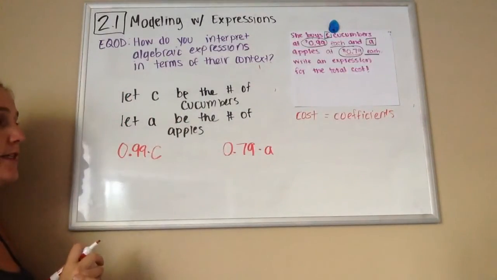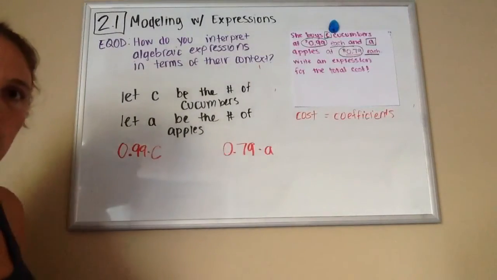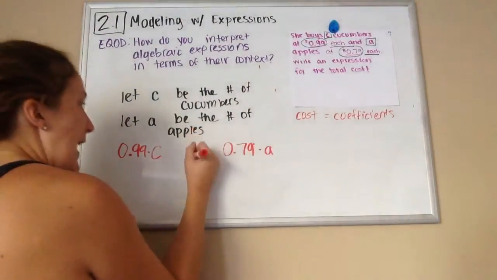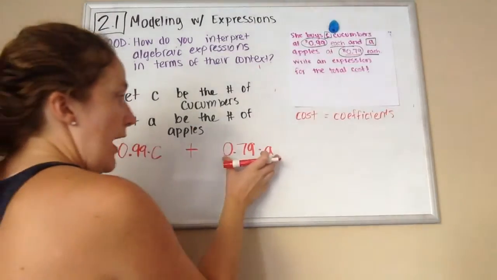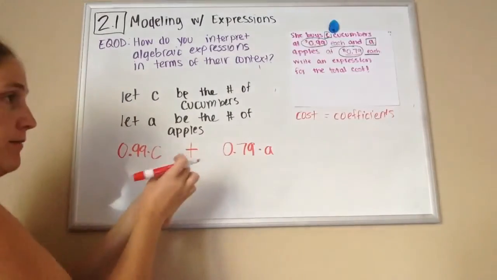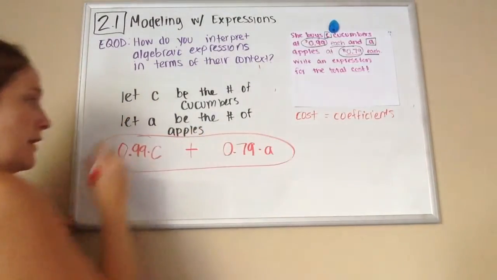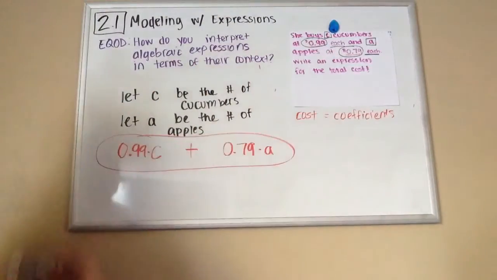That's what our problem told us. And now what are we doing with those two costs? So you go to the store, you buy cucumbers, and you buy apples, you purchase them together, we're just adding, right? So if your cucumbers are $1.98 and your apples are 79 cents, you're going to add them together to get your total. So this expression is going to be the expression for this problem.